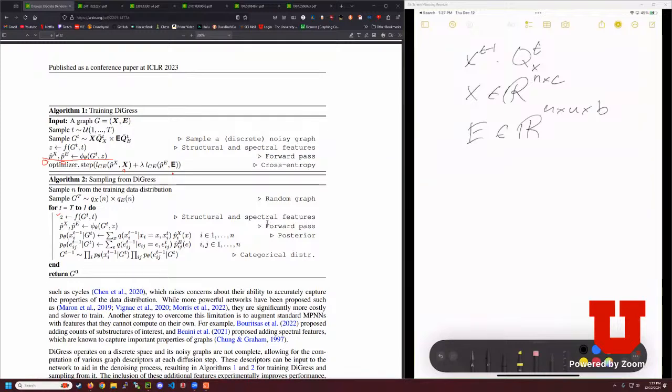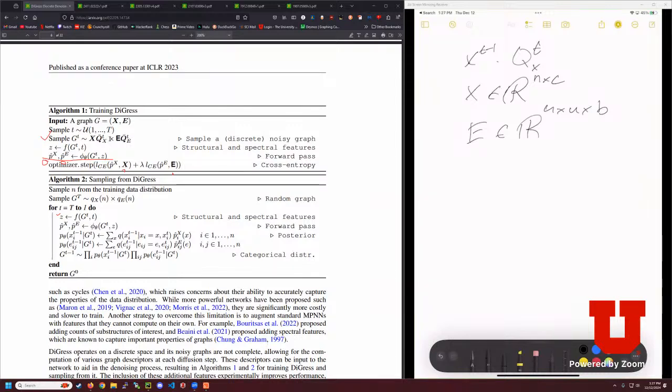Zach, one thing I was curious to know: if you look at algorithm 1 here, G_t is sampled from X times this guy. So this has already been a graph, right? Yeah, the X is just denoting the two matrices that define G_t.